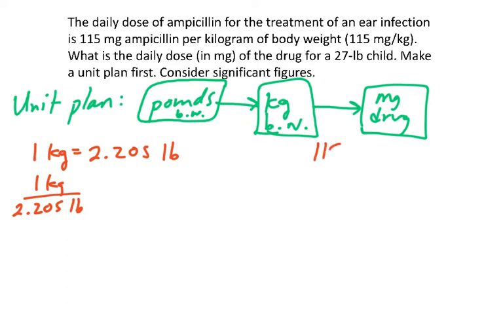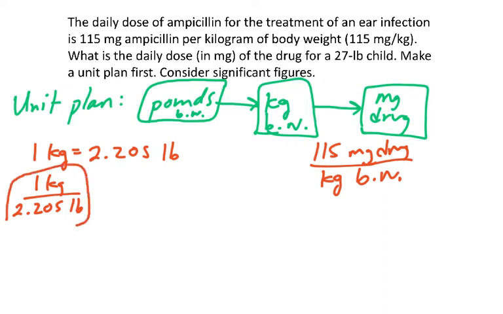So that's going to be 115 milligrams of drug per 1 kilogram of body weight. All right. Once we have our unit plan, we have our conversion factors, then we can set it up and calculate.